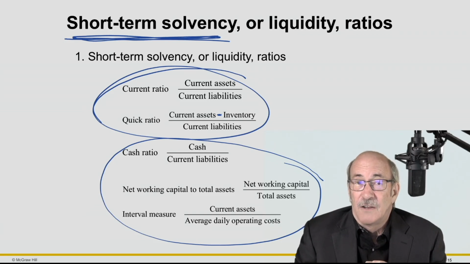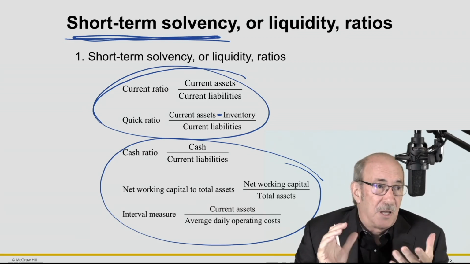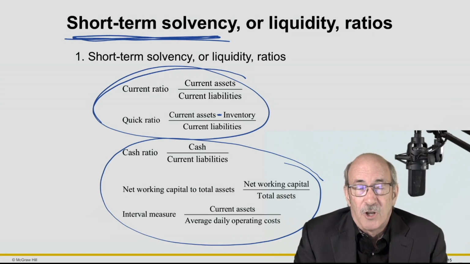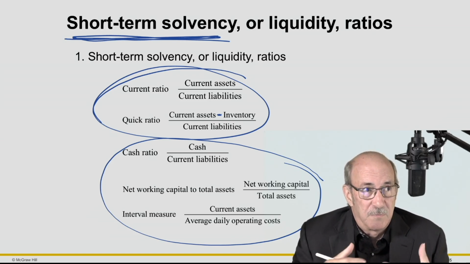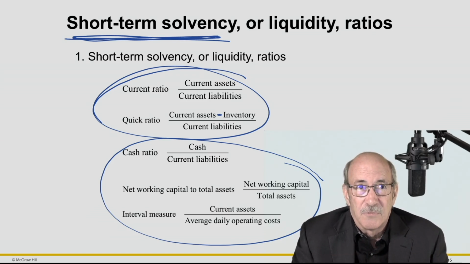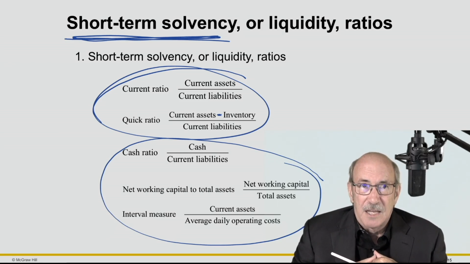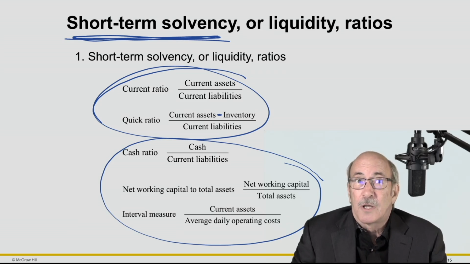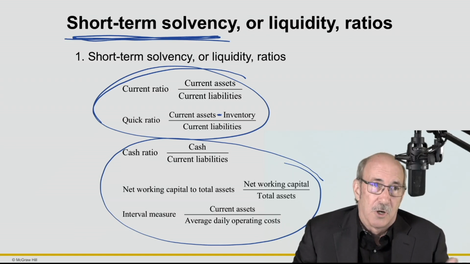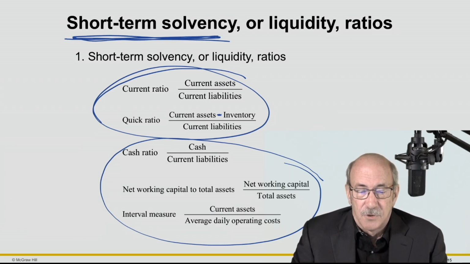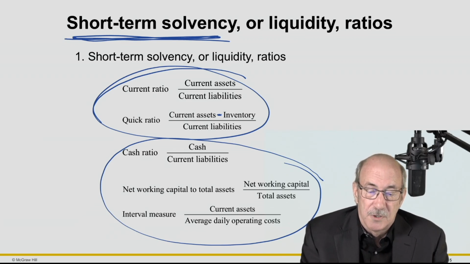It's still in our inventory, and we paid a lot for it, but today it's worth almost nothing. Or maybe there was some degradation in the items as they've sat on the stockroom shelves, something of that nature. So when we subtract out inventory, that gives us an even better measure of how quickly we could pay off those liabilities by using the current assets. So those two ratios are really important.